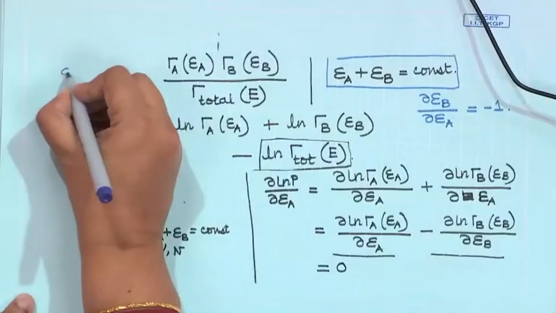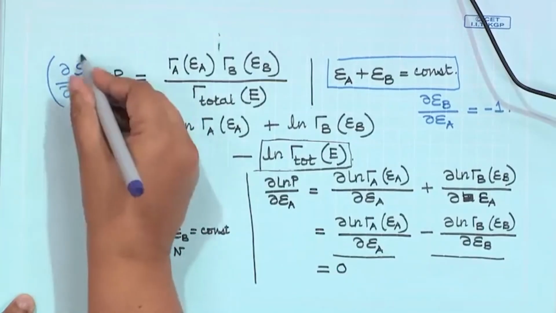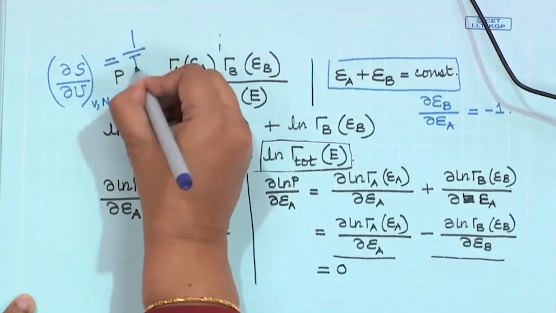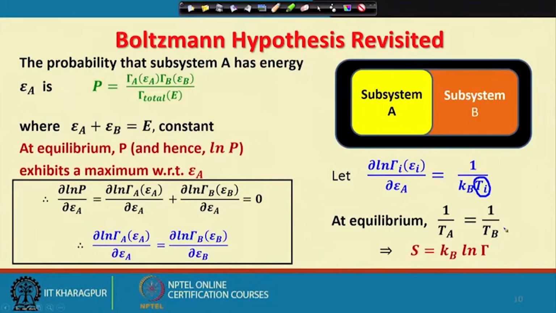If you remember, while we talked about thermodynamics in an isolated system, del S del U V n is equal to 1 by T. So, what is T there? T is a temperature. So, now what I see here is that if I look at this derivative, these two derivatives become equal to each other with respect to these subsystems A and B. So, now this is a post justification of the existence of a relationship like this.